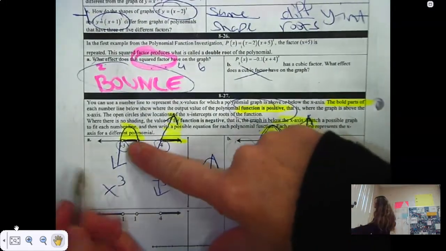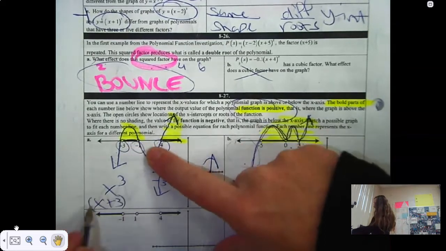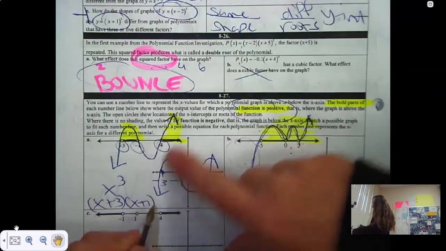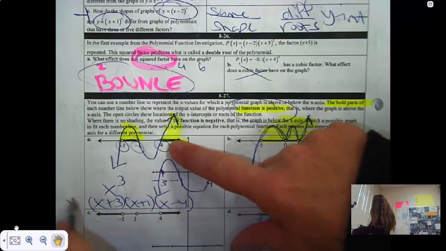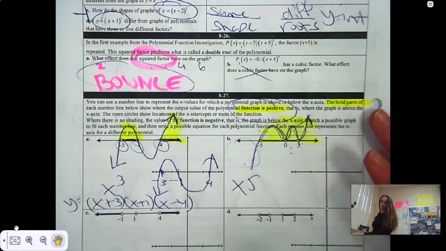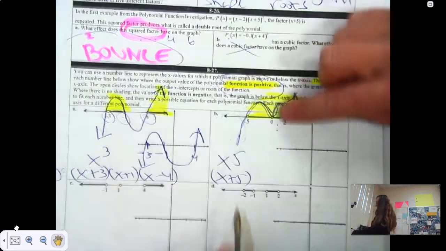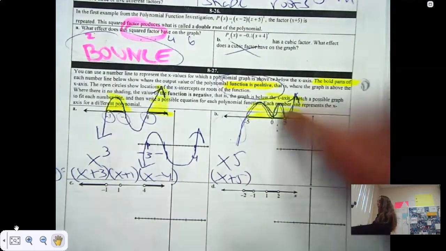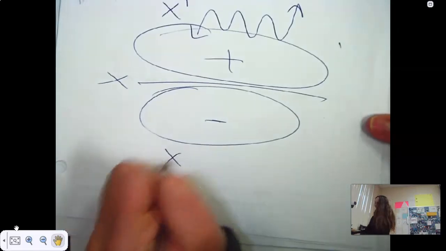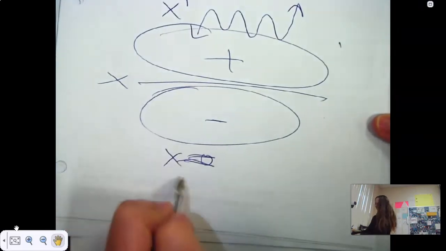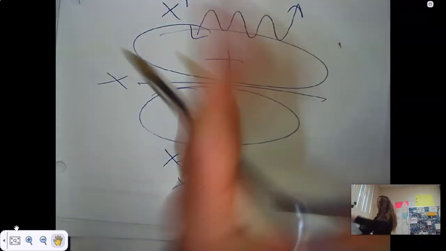If I was to create a function for this, this would be x plus 3, x plus 1, x minus 4, y equals. That's actually an equation, not a function. This would be x plus 5. This would be x minus 0. Okay. X minus 0, you don't need the 0, is just x. So if I put the x, I put it in front.